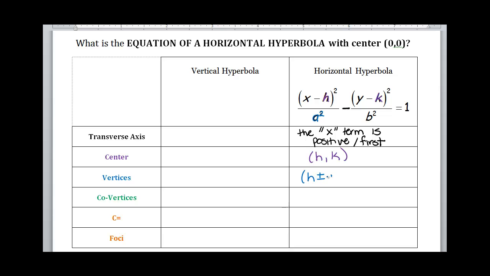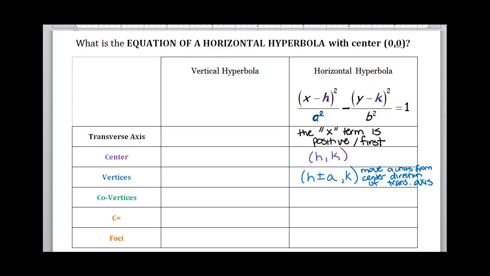So add and subtract a to the x value, or h. Again, I would recommend doing this with the graph, and so I would think of it as moving a units from the center in the direction of the transverse axis.